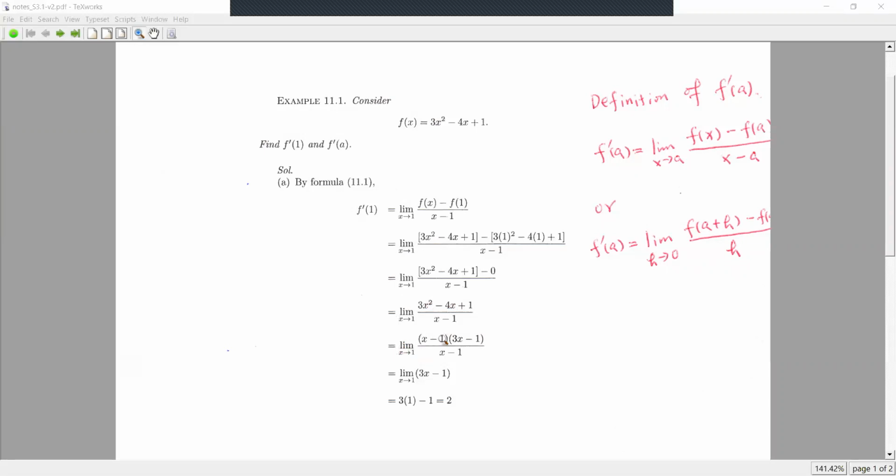Cancel x minus 1. Then we have this equation. Now, direct substitution again. Plug in 1 in x. Then this limit is this number. This number is 2. Therefore, the derivative of this polynomial f at 1 is equal to 2.